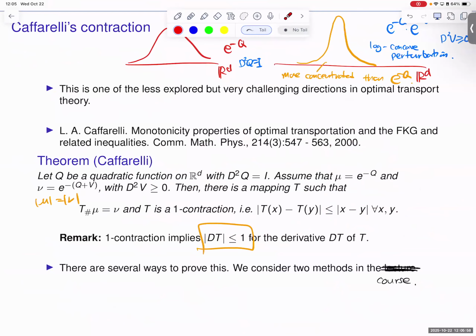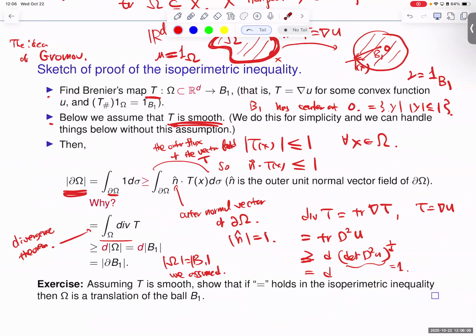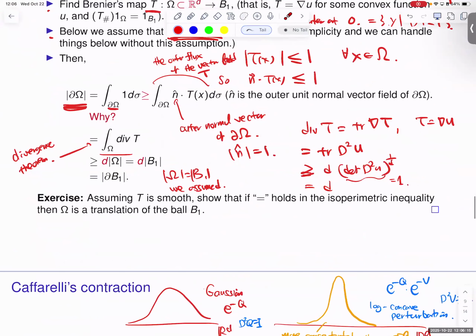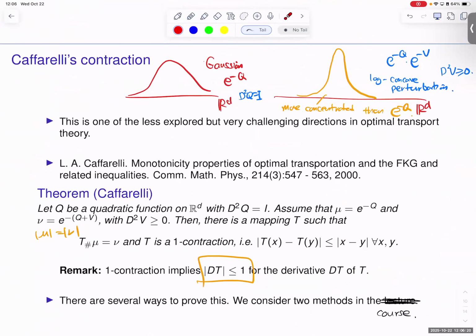So one may expect that having this kind of mapping can be used to prove something nice, some kind of isoperimetric inequality. I'm not going into details, but we will discuss this aspect more in a later lecture: that having this transport property and this control of the first derivative of the mapping will have consequences in improving isoperimetric inequalities.